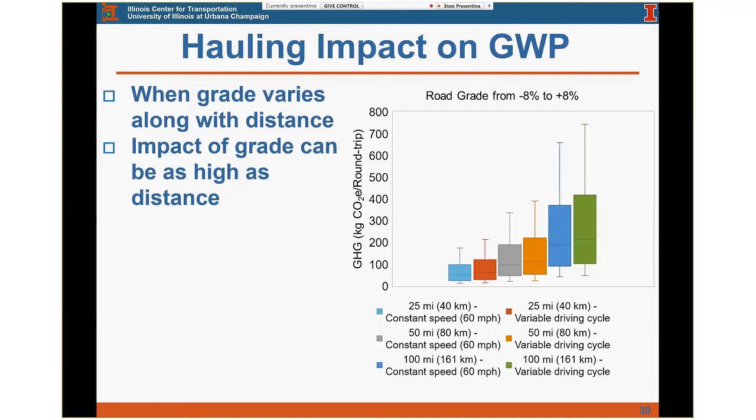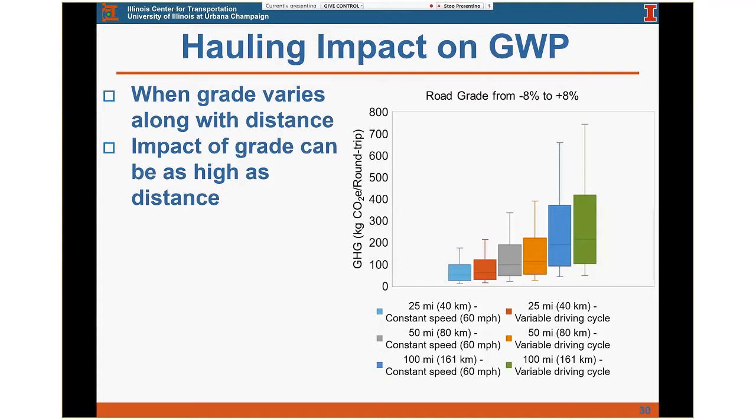In a flat region like Illinois versus a different region where you have higher grades, it will definitely impact the distance-related greenhouse gas emissions. So these are the kind of factors. In addition to those, there were many other factors we wanted to capture to make a precise prediction of the hauling impact on the energy consumption and greenhouse gas emissions.